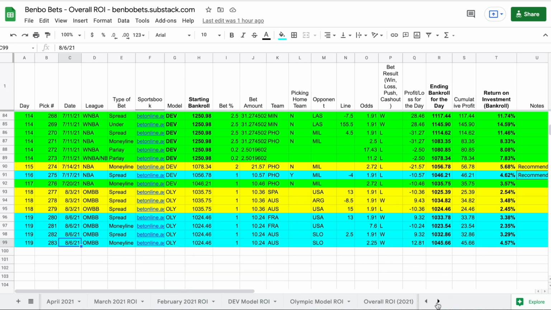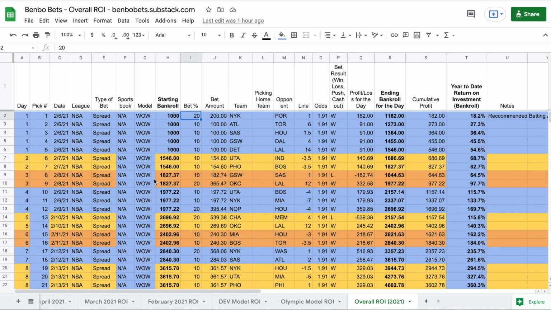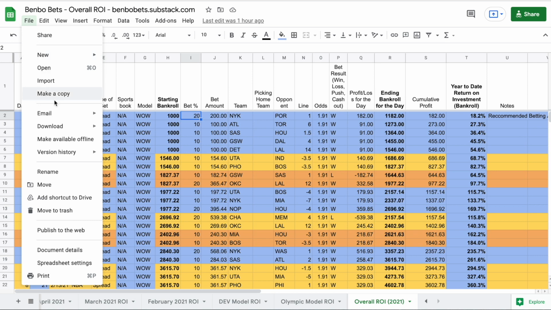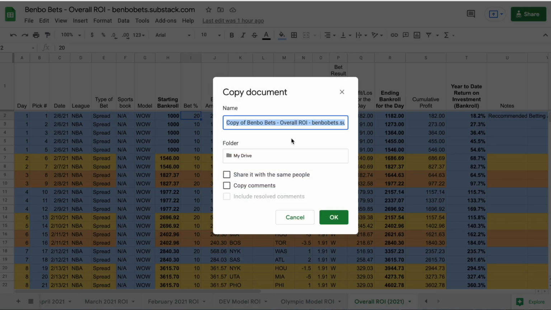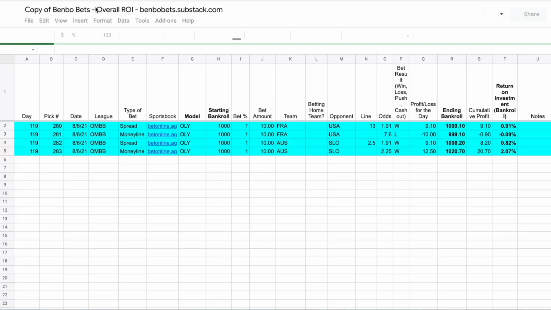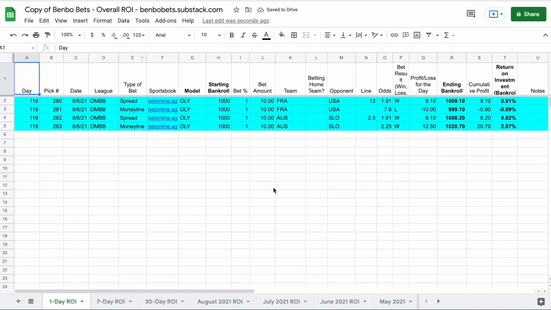Okay, now let's go back to overall ROI, and I want to show you how I use this and how you can use it. So first things first, go up here and make a copy. Now, as the creator of this sheet, I can make a copy. I'm not 100% sure as a viewer if you can make a copy.